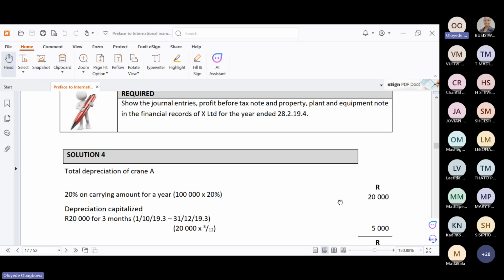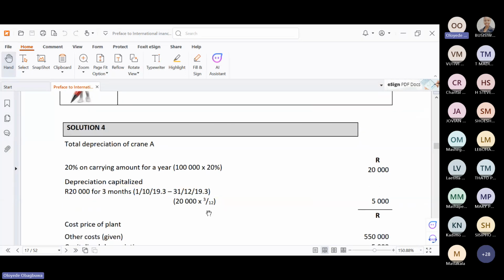So you have to calculate that period and remove it from the total depreciation. They said 20,000 for 3 months, so you calculate 20,000 multiplied by 3 divided by 12. The amount that relates to those 3 months when the crane was withdrawn, you take it out.